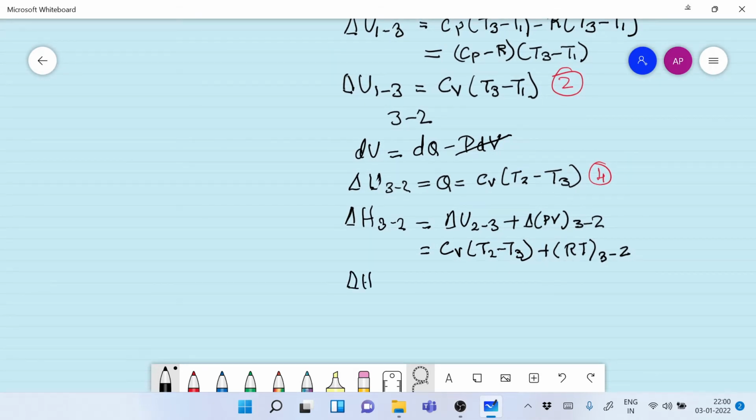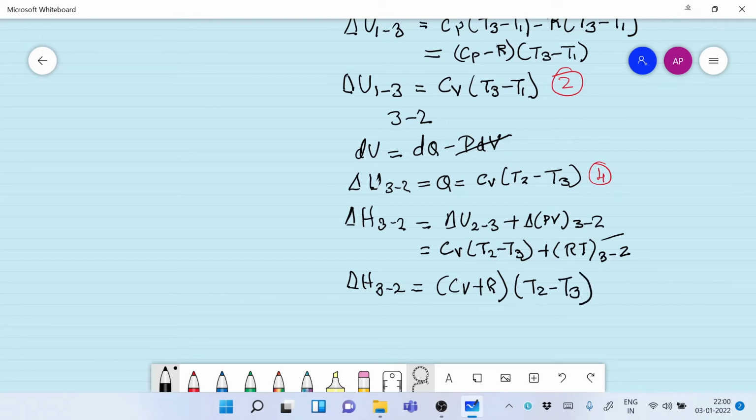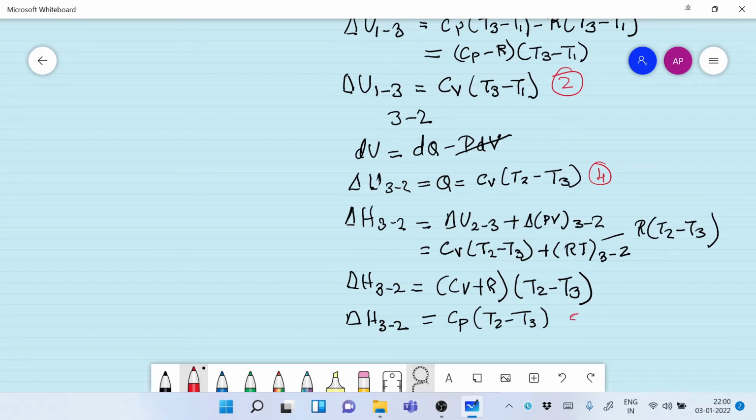Therefore, collecting the like terms, delta H 3 to 2 is equal to (Cv plus R) into (T2 minus T3), and Cv plus R is nothing but Cp for an ideal gas. So we have delta H 3 to 2 as Cp (T2 minus T3).